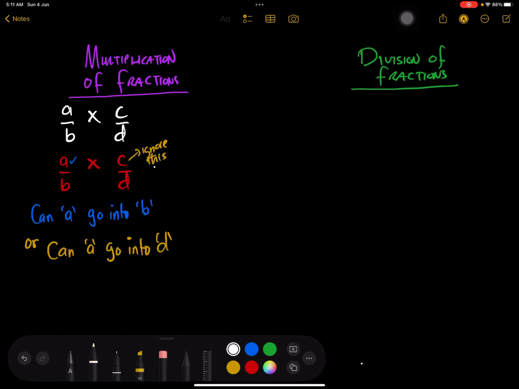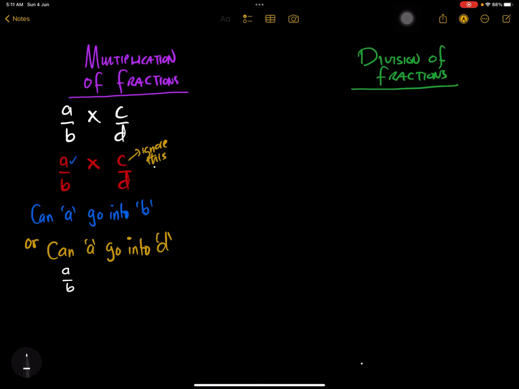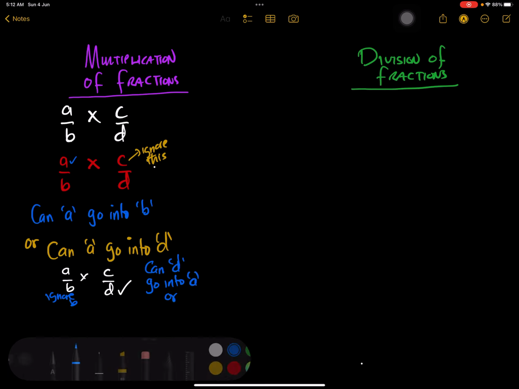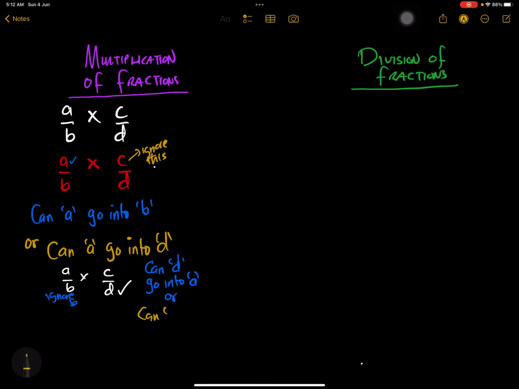If it is a over b multiplied by c over d, and you pick, let's say, d, the moment you pick d, we need to ignore b, and then we ask the question, can d go into a, or can d go into c?